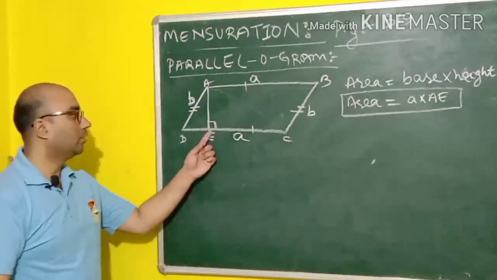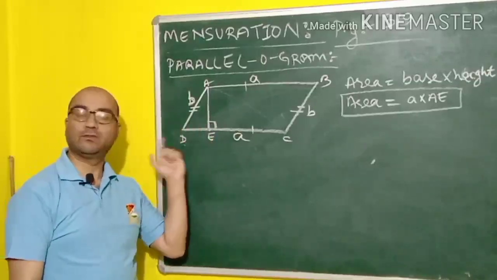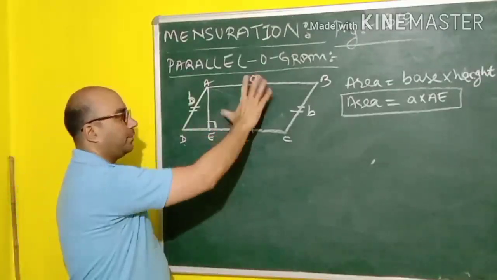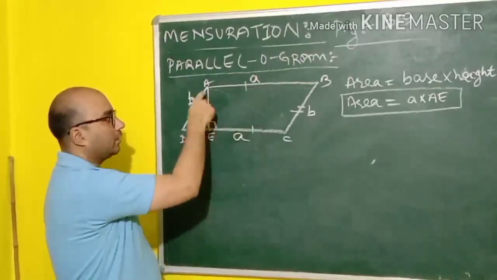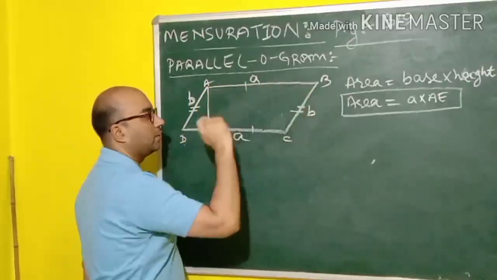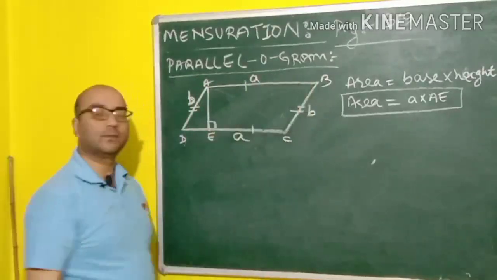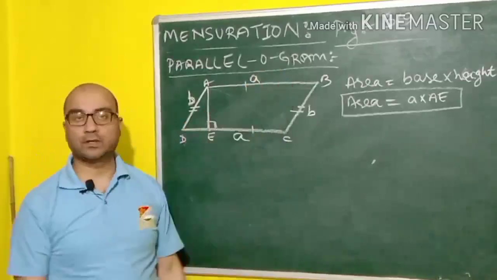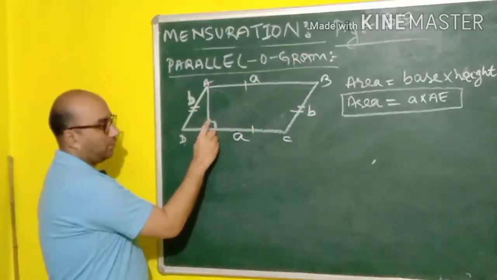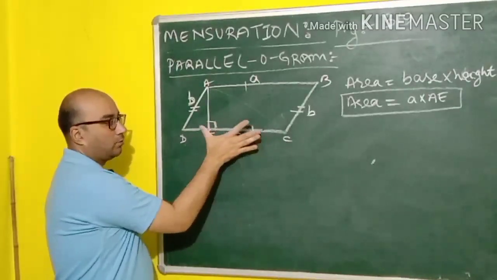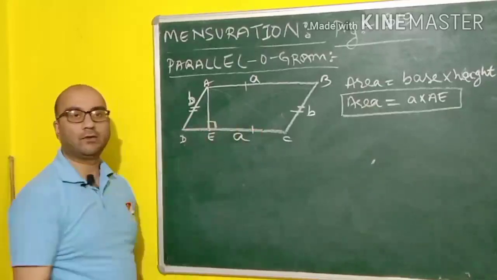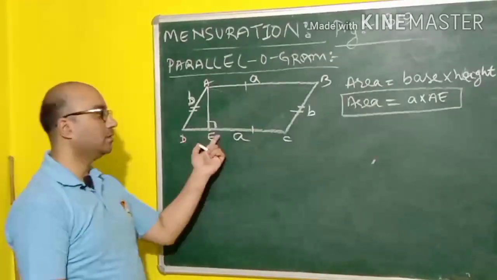So wherever you are dropping the perpendicular, that side will become your base. If you flip this figure the other way around, and if you drop a perpendicular from here to this side, then that will become the base. That means BC will become the base. So please remember, on whichever side you are having the 90 degree, that will become the base. So in this case, this is our base.